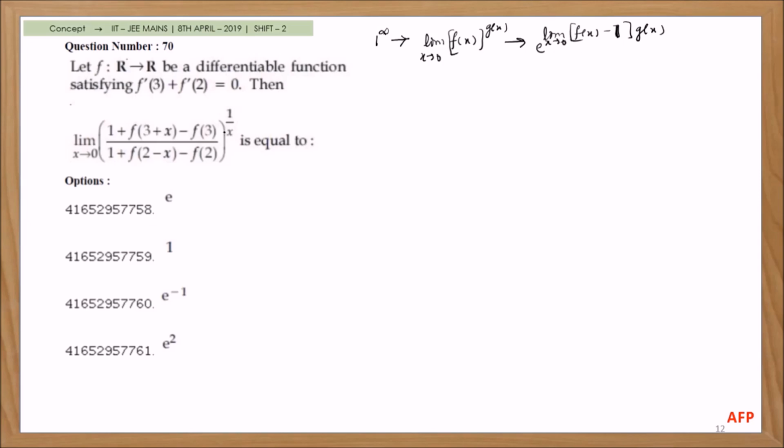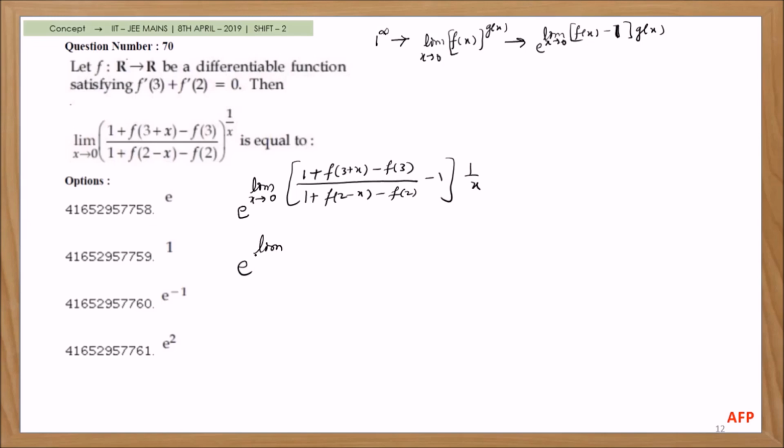So now, since this is 1 raised to infinity form, e raised to limit of x tends to 0 of (1 plus f of 3 plus x minus f of 3) divided by (1 plus f of 2 minus x minus f of 2) minus 1, into g of x, which is 1 by x.